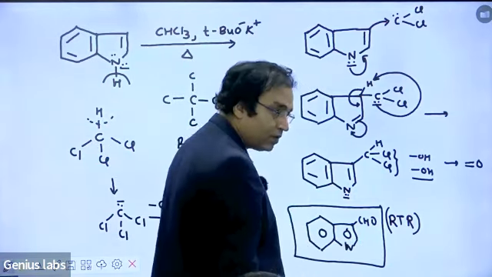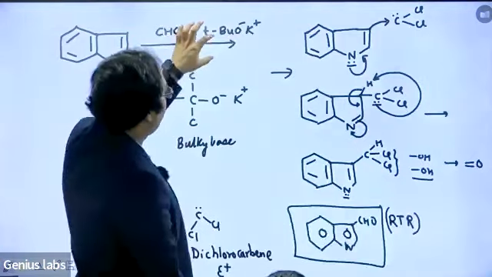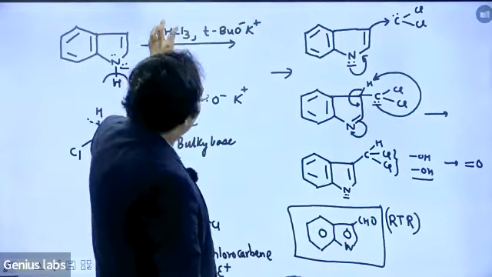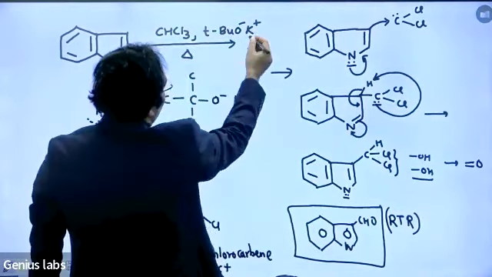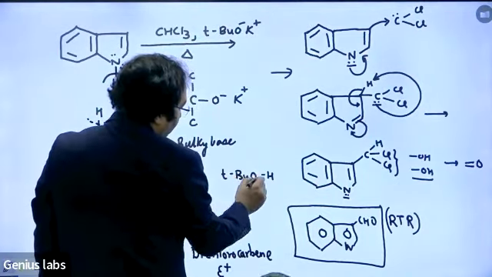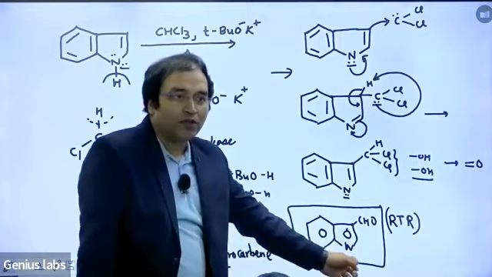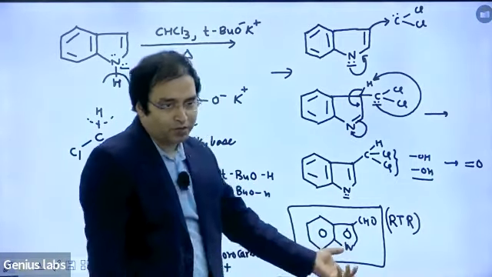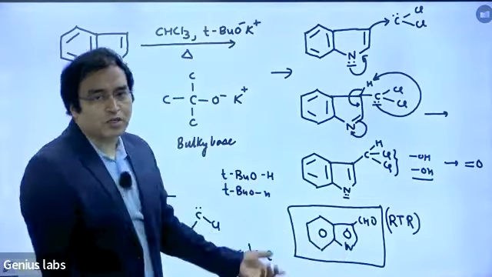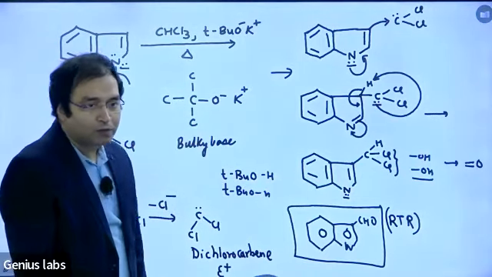Because N was having H initially, no? You've taken H with the presence of base to activate the mechanism. Now the base has taken it, so once Bu takes H, what does it become? BuOH. Can we say this BuOH is present in the reaction? While closing the reaction, I don't want a charge on the product, right? So N minus captures this H and you get the final answer, right? Is it doable? Any difficulty in this part?